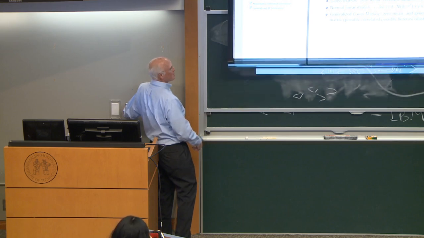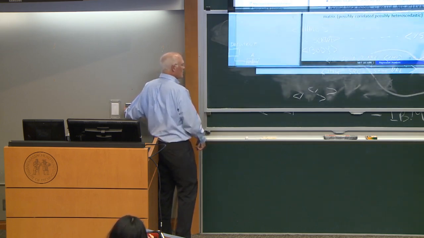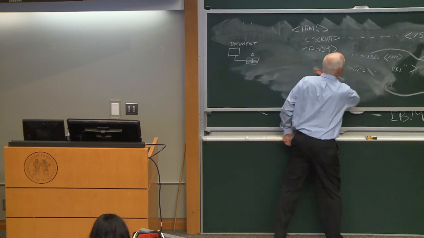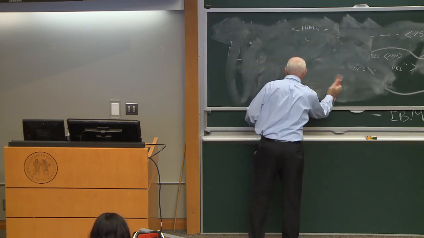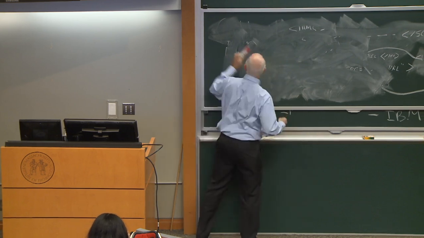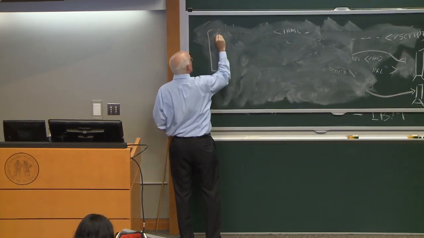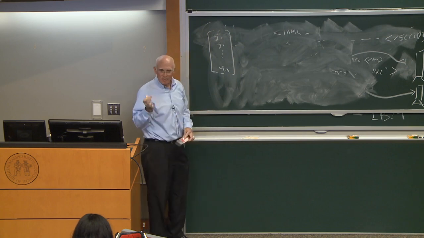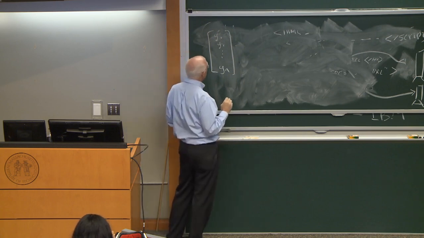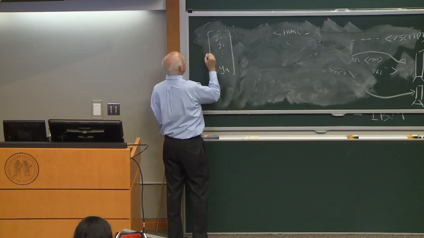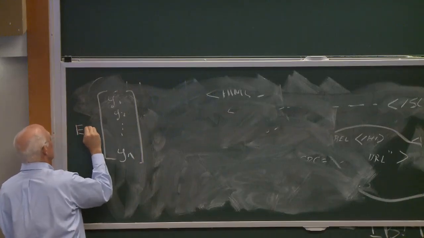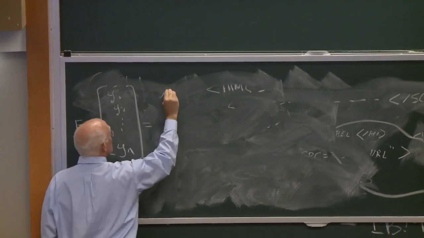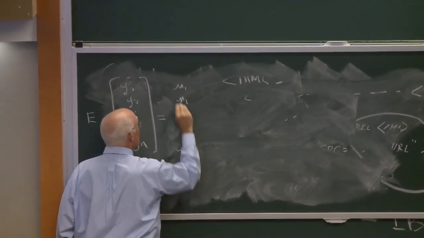All right, let me put this screen up and just write that on the board so that you're familiar with that. So we have y1, y2 down to yn, which are n values of our response variable. We can talk about the expectation of that being equal to mu1, mu2 down to mun.